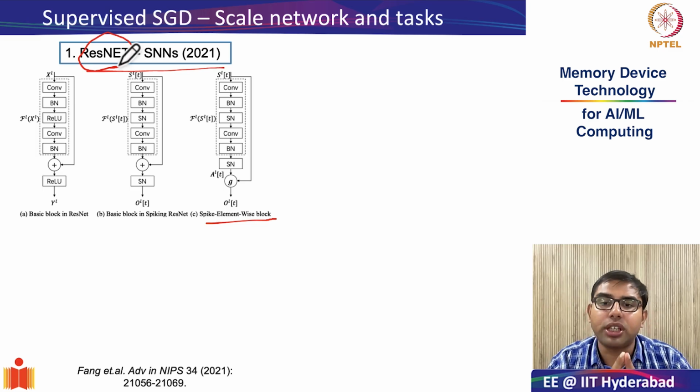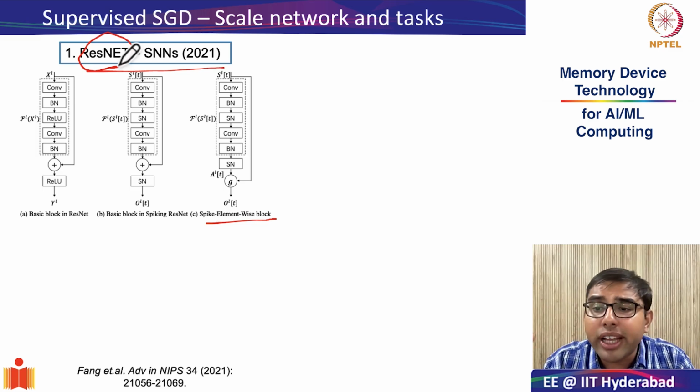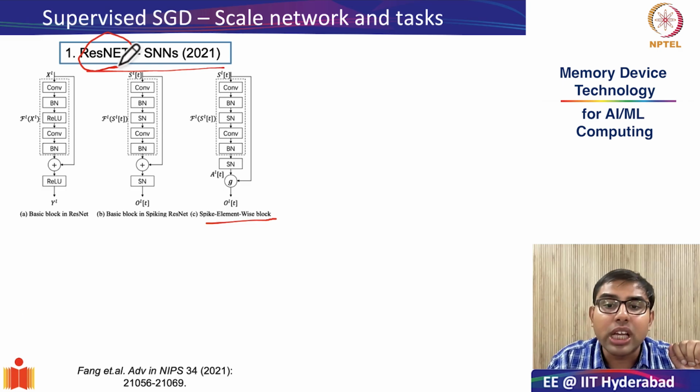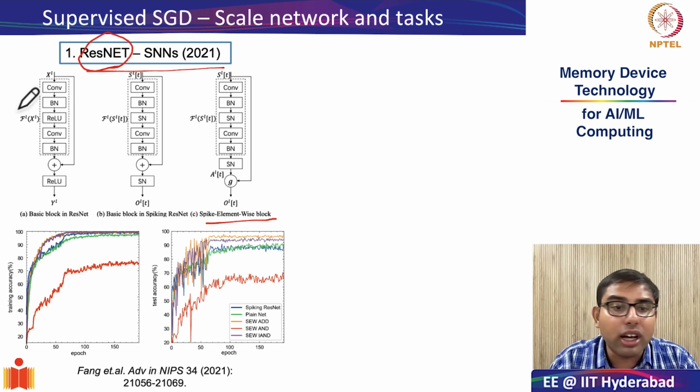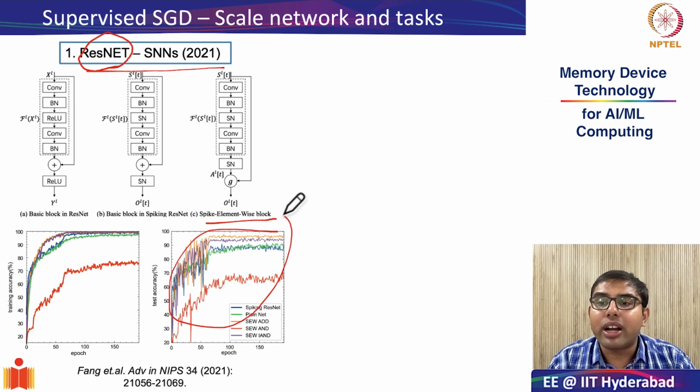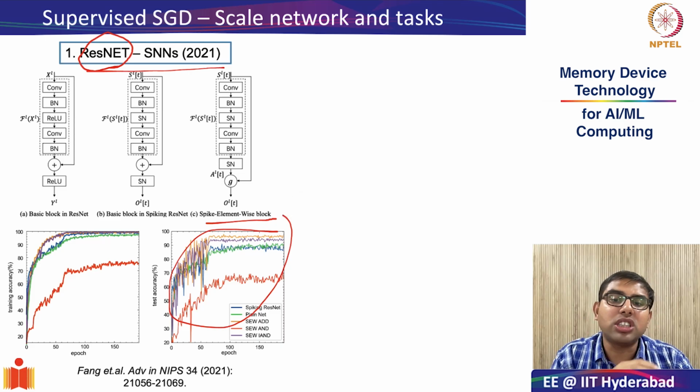This innovation preserved the gradient flow even across hundreds of layers, solving the long-standing problem of vanishing gradients in deep spiking neural networks. As you can see in this graph, the spiking ResNet in blue and green maintains stable and high accuracy compared to the plain networks in red.